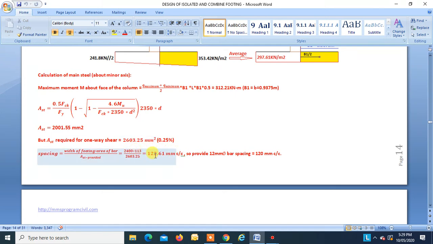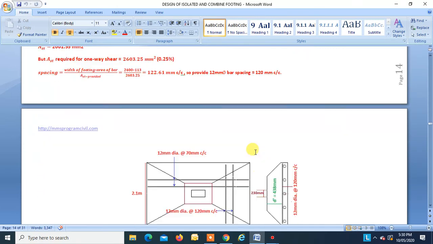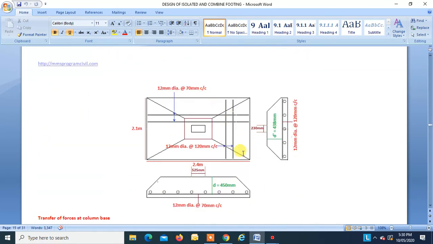So now we will provide 12 dia bar at a spacing of 120, rounding off. Instead of 122.61, we will provide our steel 12 dia bar about 120 center to center along the width. So this is our steel.